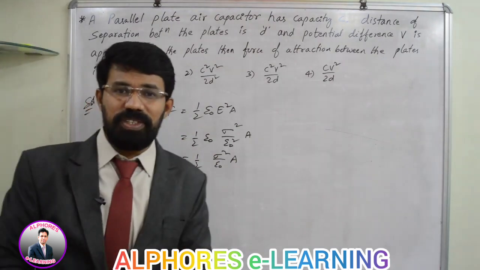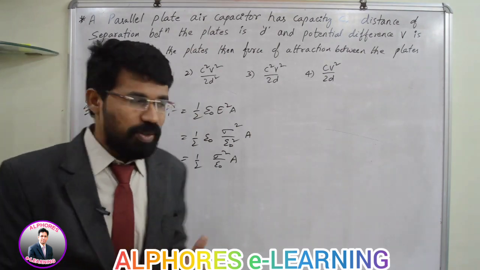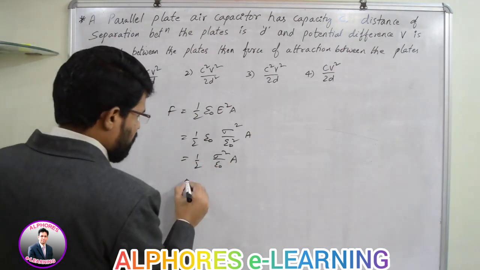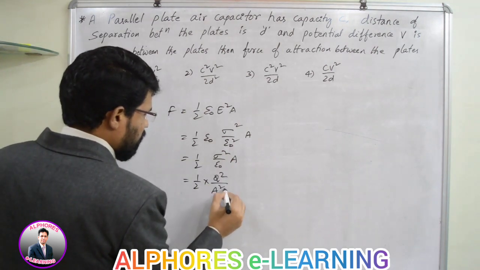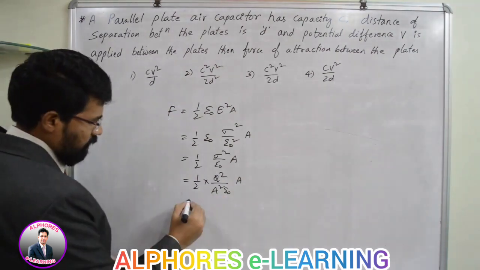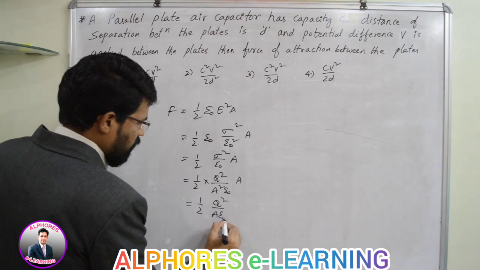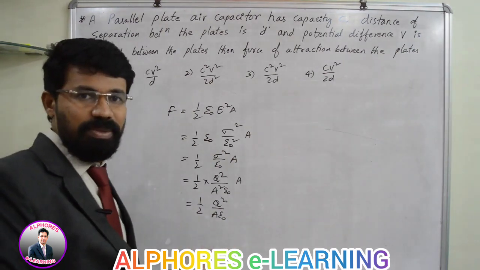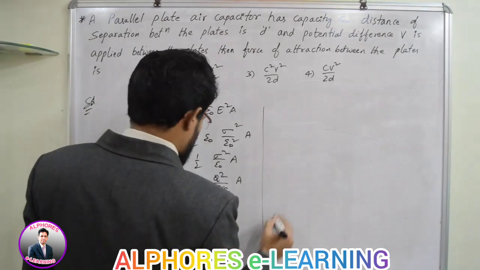Sigma is the surface charge density, which is charge per unit area, so Q by A. So I am going to replace sigma with Q by A. So half into Q square by A square, epsilon naught is present here and A is there. A gets cancelled and finally you are left with half into Q square by A epsilon naught. This is our equation, but it is not matching with any of these options. So let us modify this further.